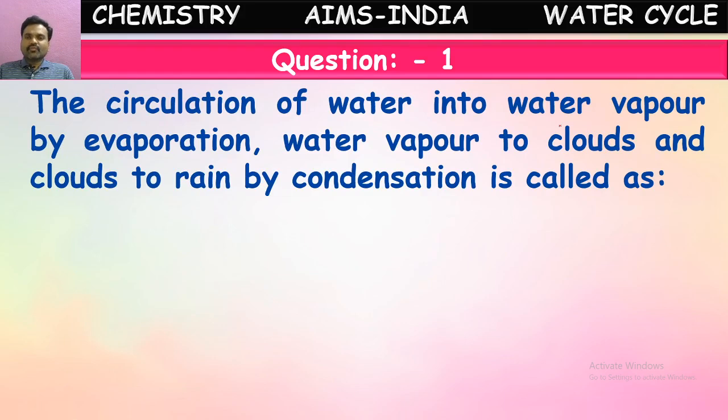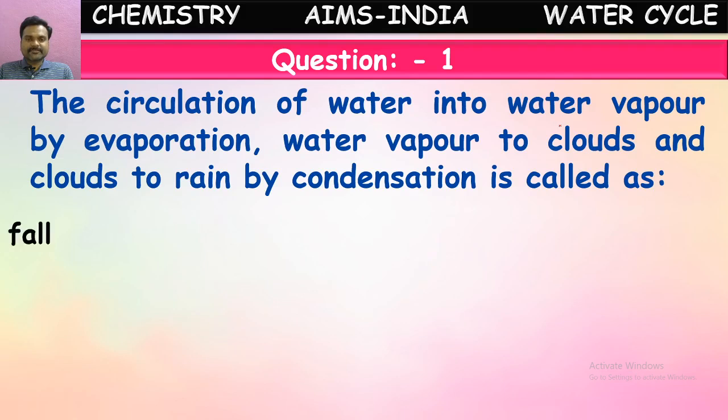The circulation of water into water vapor by evaporation, water vapor to clouds, and clouds to rain by condensation is called what? It is the conversion of water from one form to another form by certain processes. It is continuously there, a circulation process. What is this called? Very good.